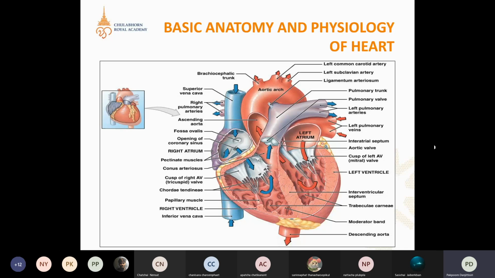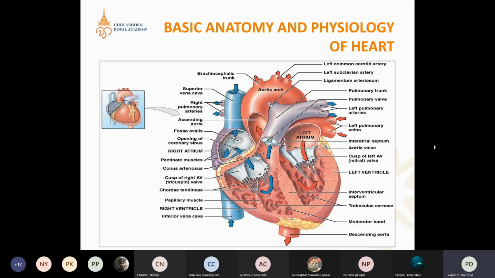After that, the blood in the right ventricle will be pumped out into the pulmonary artery through the pulmonary valve. After that, the blood will go to the lungs, and then will exchange the oxygen there.